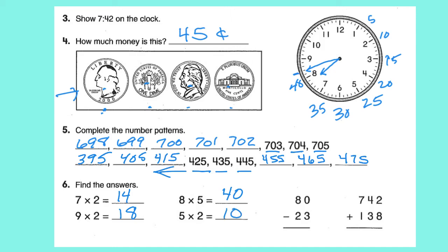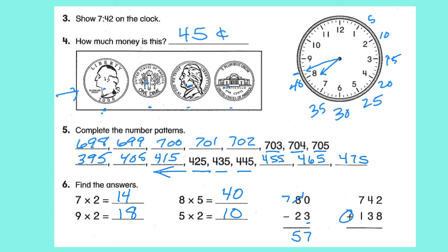Okay, and over here we've got a subtraction problem and an addition problem. So we know we can't take 3 from our 0, so we have to borrow from the 8. So we're going to change that 8 to a 7, bring the 10 over to the ones column. 10 minus 3 equals 7, and 7 minus 2 equals 5.